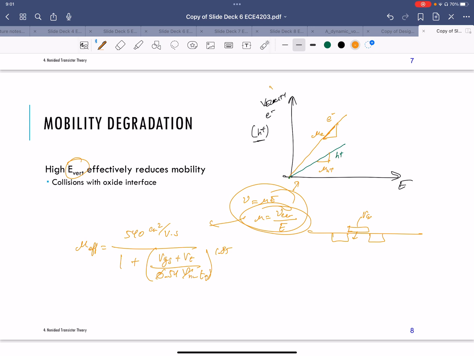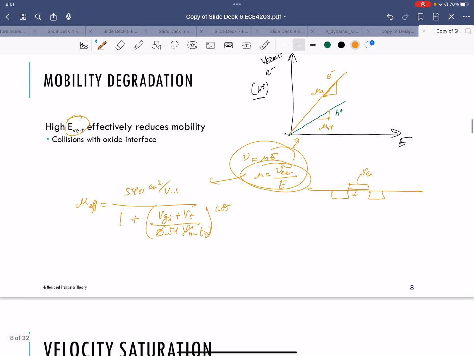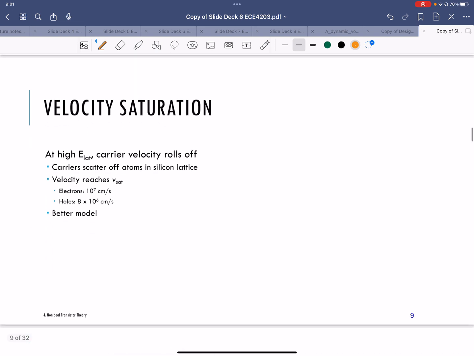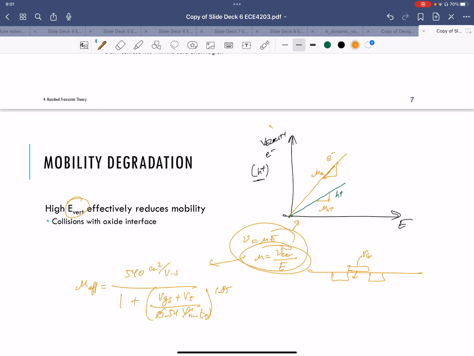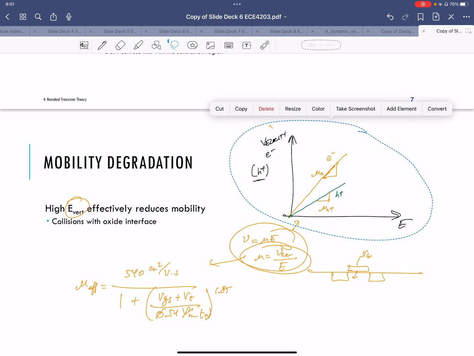And there's a corresponding reduction in mobility for the holes because of this high electric field. And so again, the plot didn't come out here, apologies about that, guys, but basically what you end up with is this plot instead of looking like this.